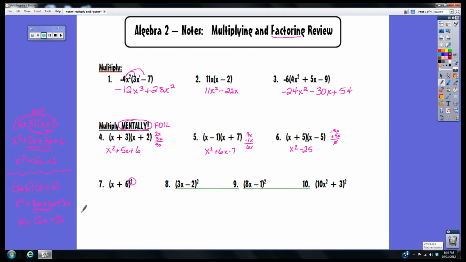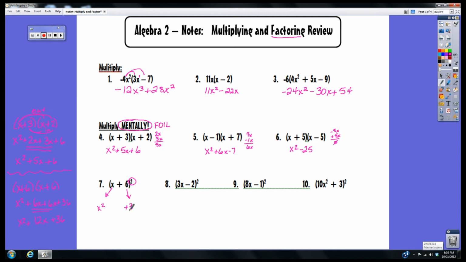Now, let's think about a way we could come up with this answer without writing out these long steps every time. It's a pattern. And again, this is something that y'all should have gone through in Algebra 1, but I have a strong feeling that y'all didn't. So I'm going to show you a pattern that we can go through to come up with these answers each time. We're always going to square the first one, and we're always going to square the last one.